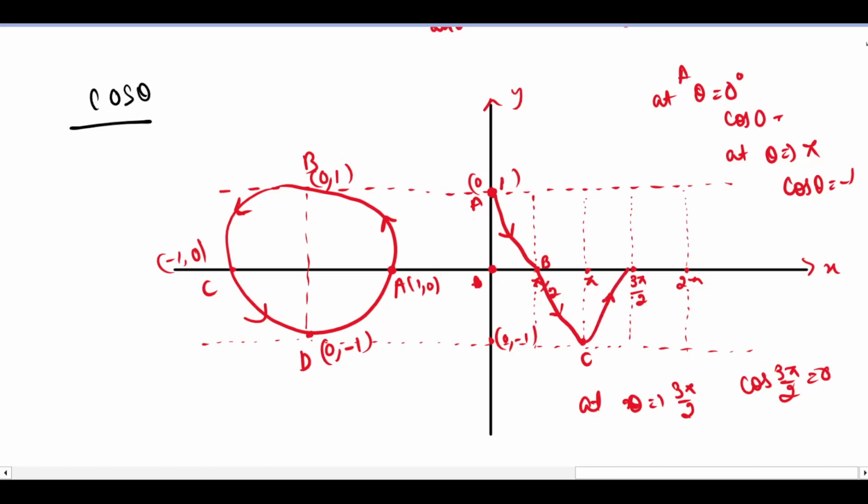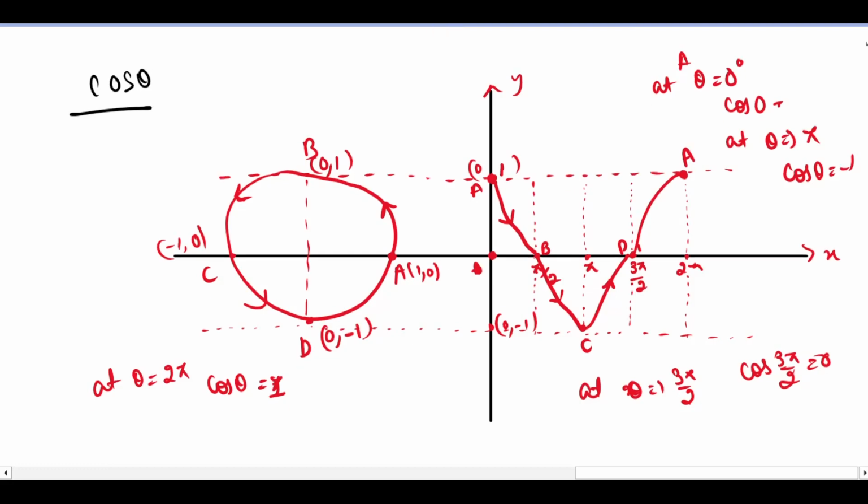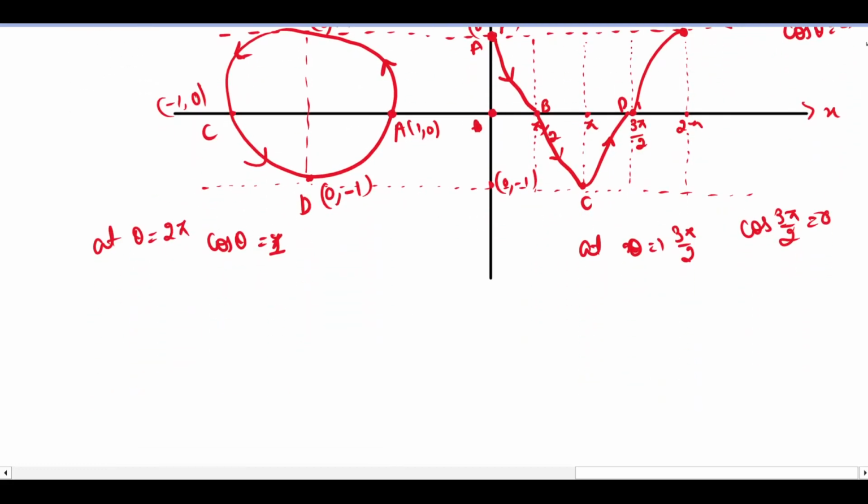So this is point D, and at theta equal to 2 pi, cos theta is equal to 1. So value increases from 0 to 1. So this is point A. So this is a plot of cos theta.